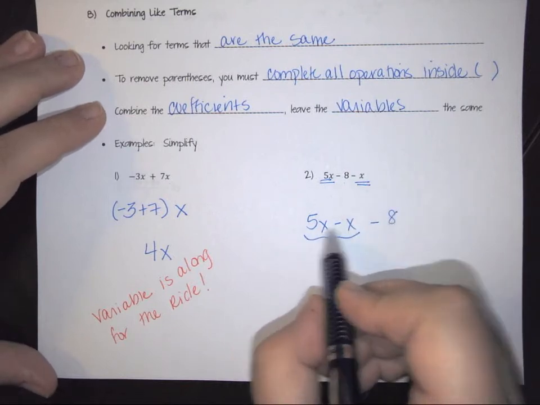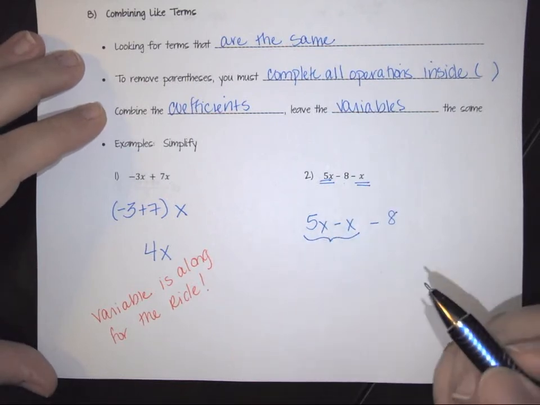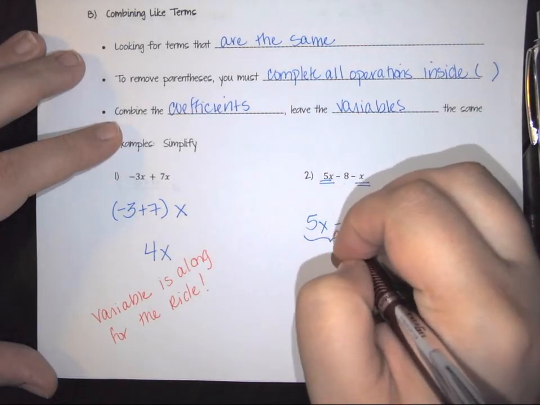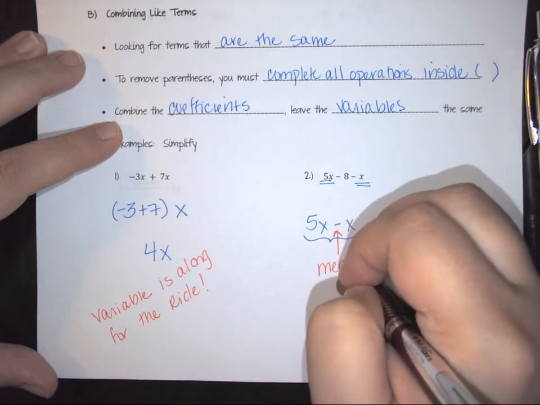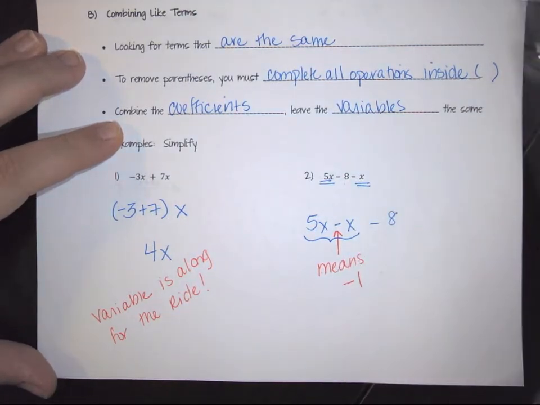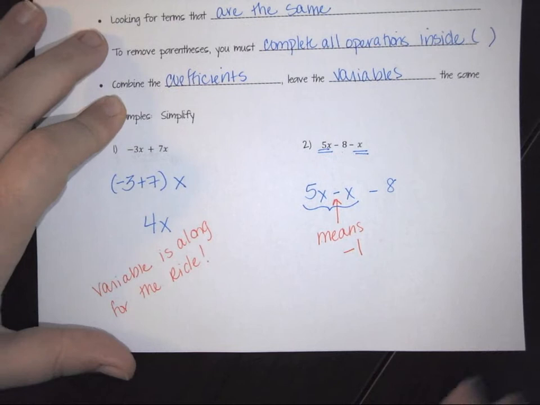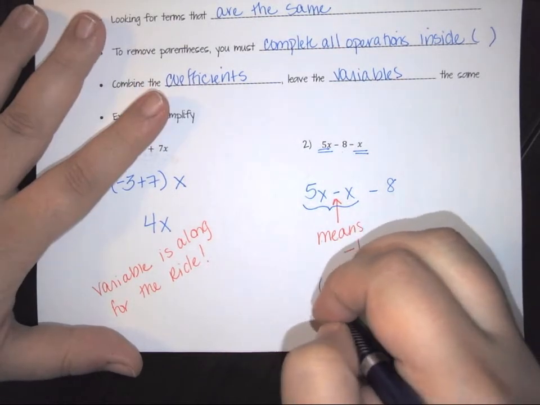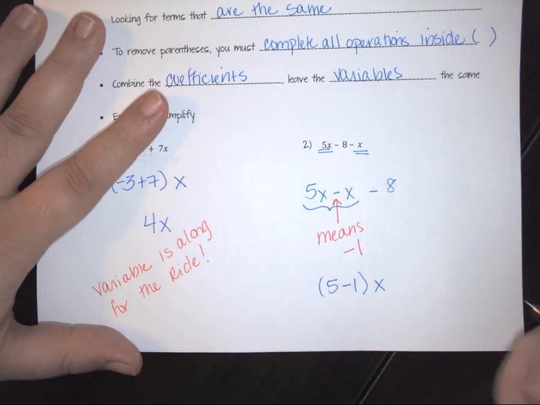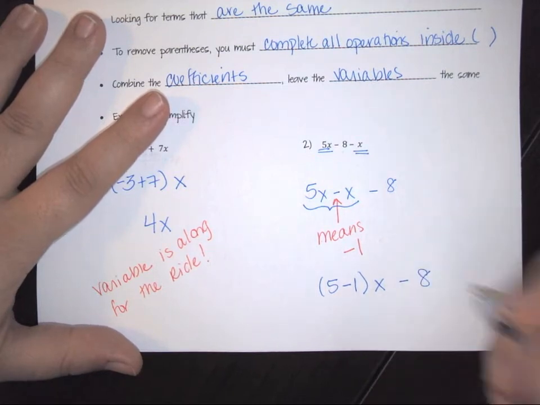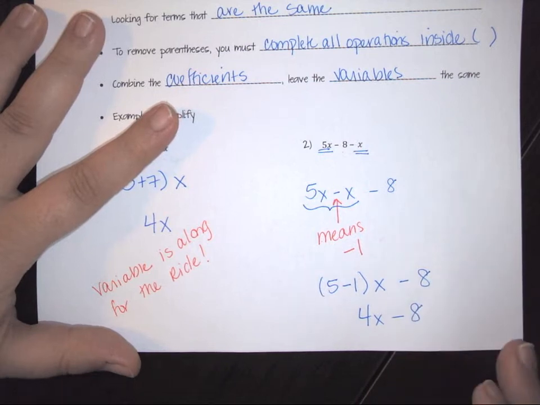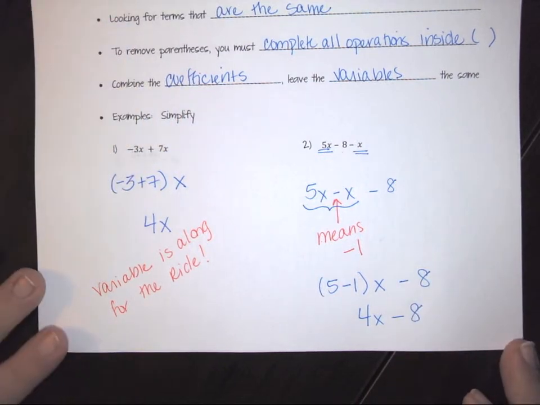So I actually have this negative here, and this negative means negative 1. So if I'm looking at combining my coefficients, I really have 5 minus 1, keep my variable the same, and then minus the 8. 5 minus 1 is 4, and minus 8 is along for the ride.